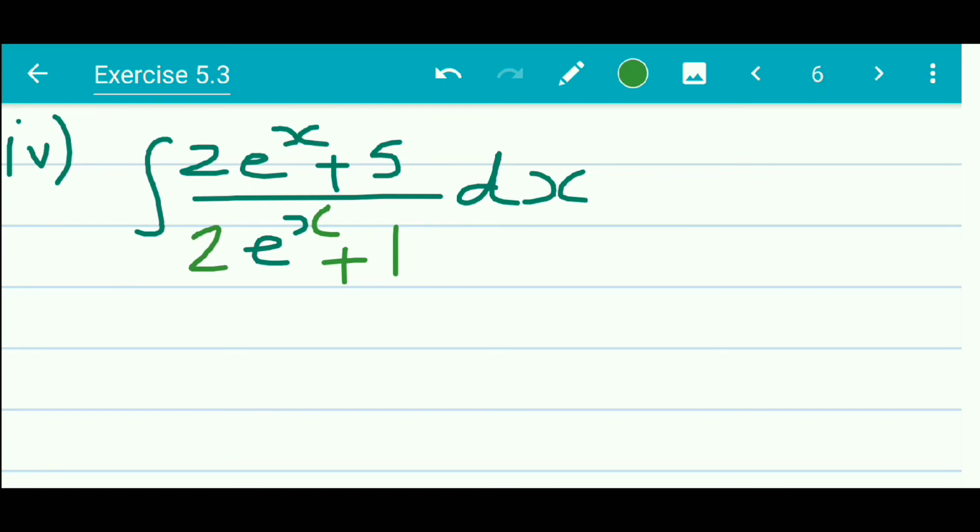So from the question, we write the numerator in this way.